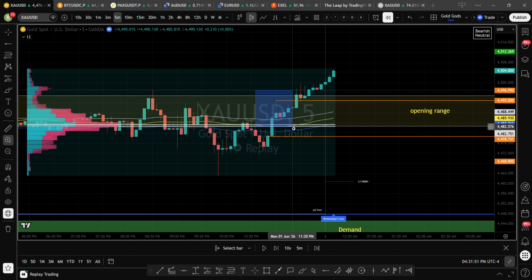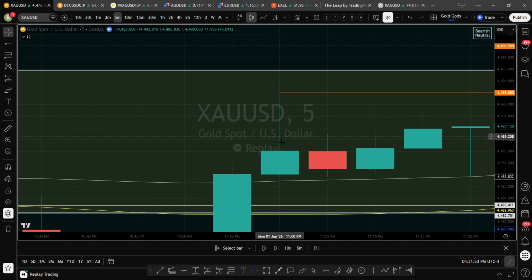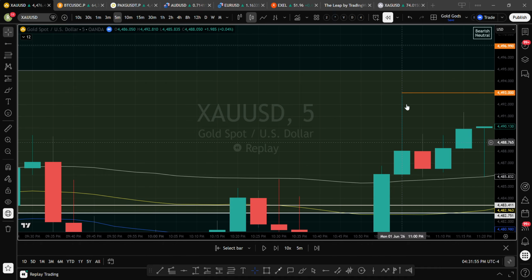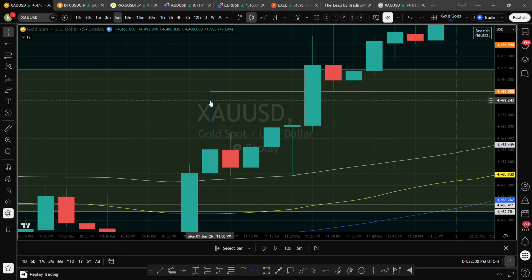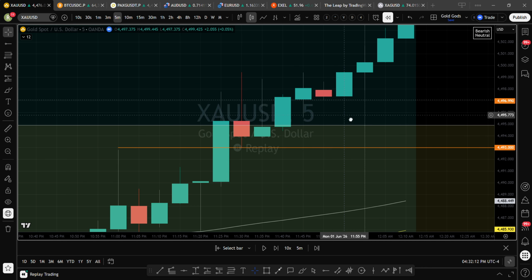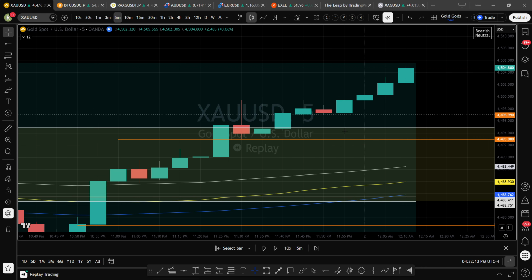And what wicks show you is that price could come back to this point, and it did with this red candle. It tapped that same point. See that? That's the top there, and that's the bottom there. That's how you get in a trade that you missed.